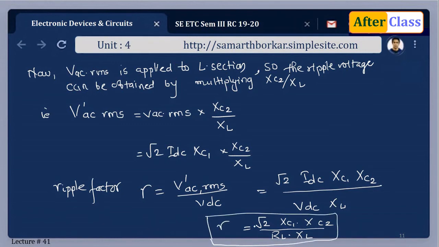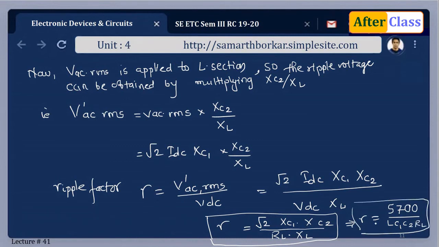So this is the equation for ripple factor, and as I have said, if I take F equal to 50 Hertz, C in terms of microfarads, L in terms of Henry, and the load resistance in terms of ohms, then this value of R equals 5700 divided by L C1 C2 RL. So we have derived this equation.